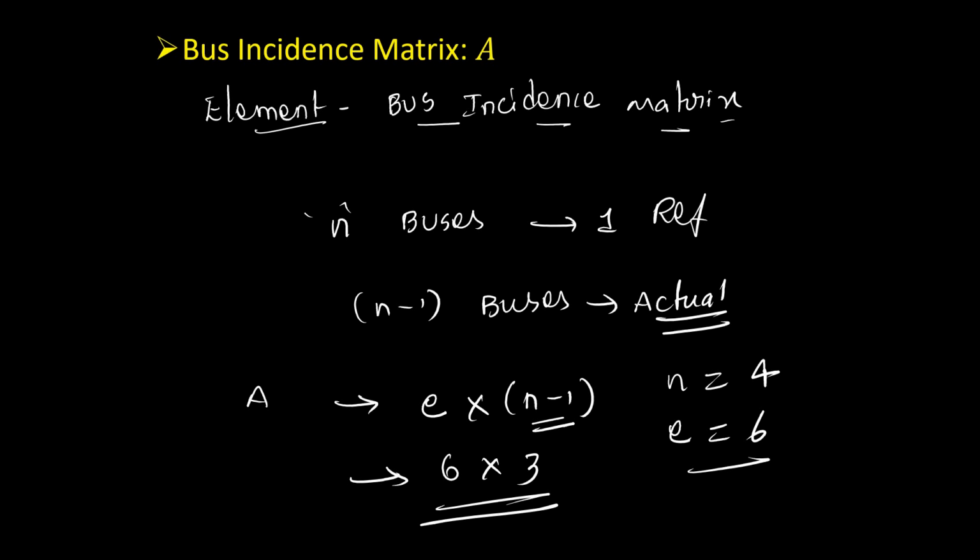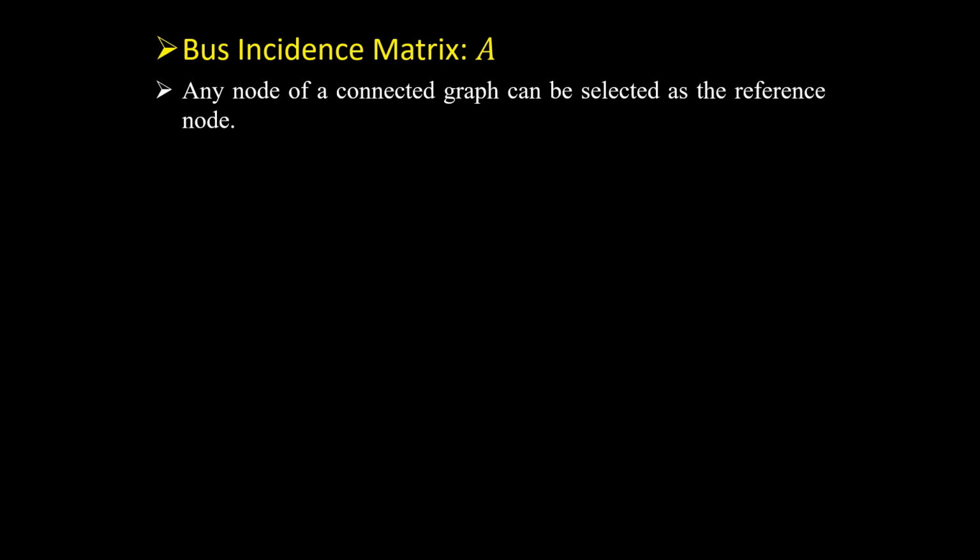So now let us see how to form the bus incidence matrix. Any node of a connected graph can be selected as the reference node. As I told you, if you have n nodes, pick any one among the n buses as a reference bus. We will see later what points we have to consider to select a bus as a reference bus.